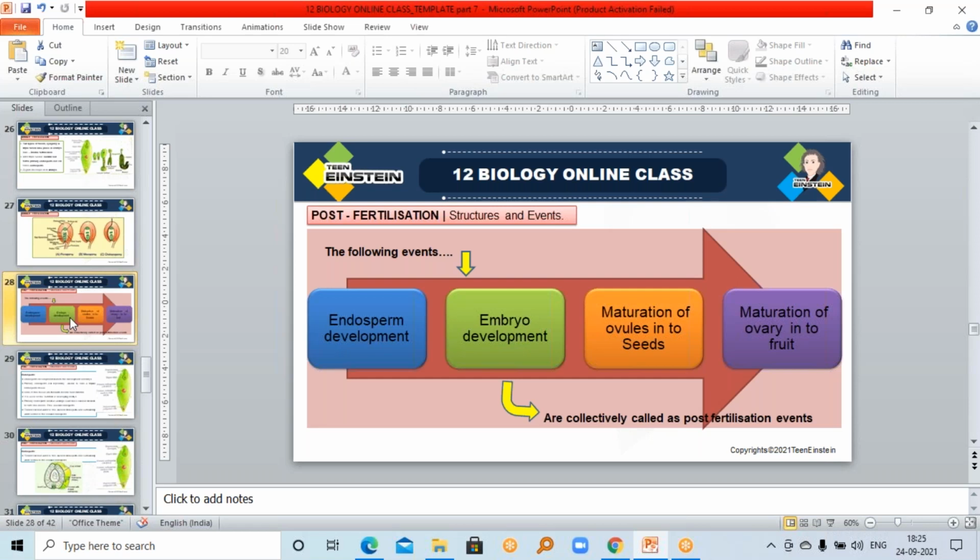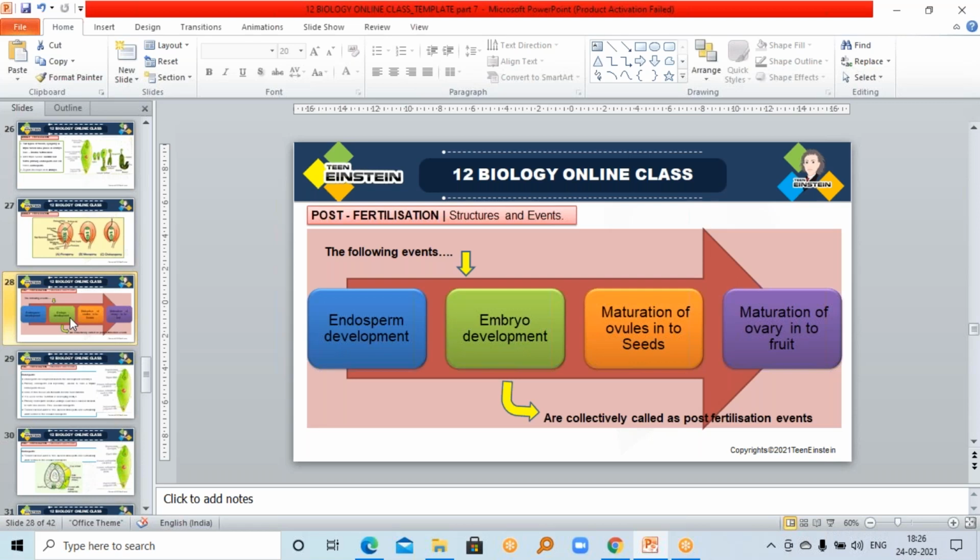Up to that we have learned. So after zygote formation, whatever events are there, that is post-fertilization, because fertilization got over. After that, everything will come under post-fertilization events. Post-fertilization means the events after fertilization. So that's the end of fertilization events, right? Next, we are moving to post-fertilization events.